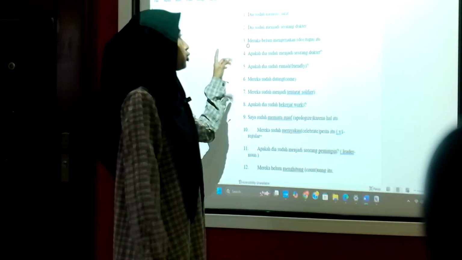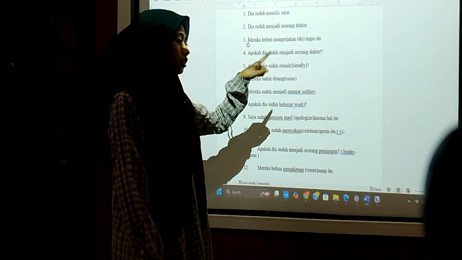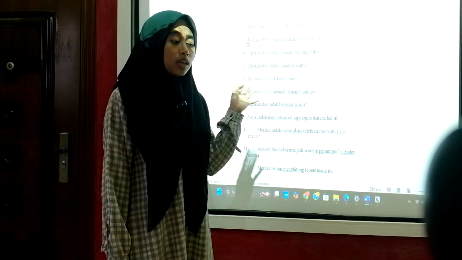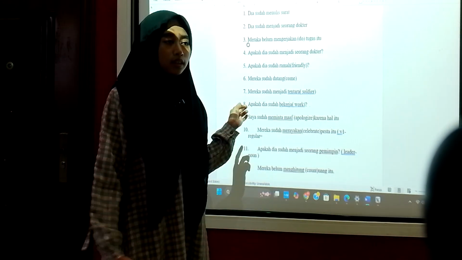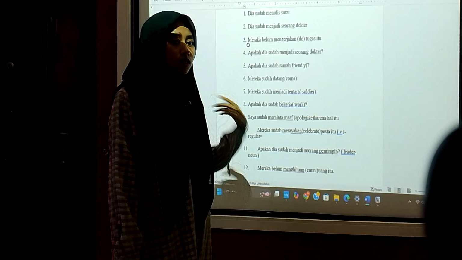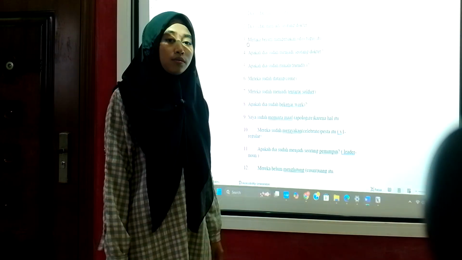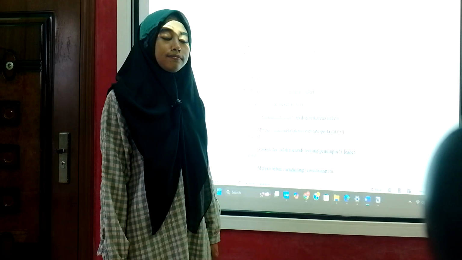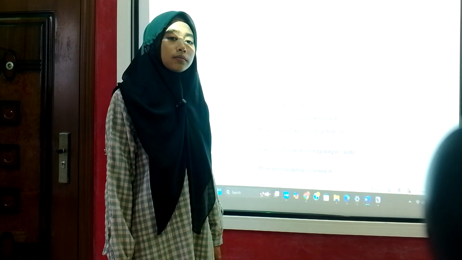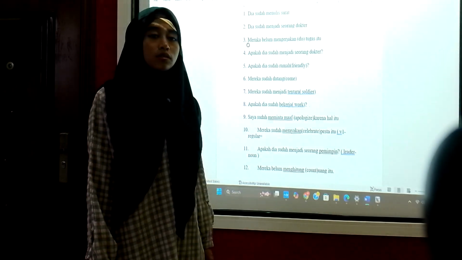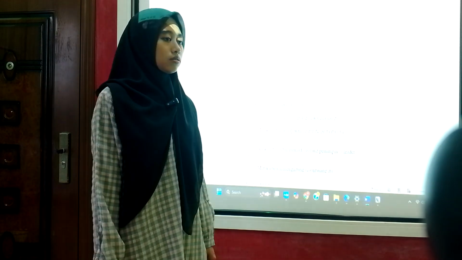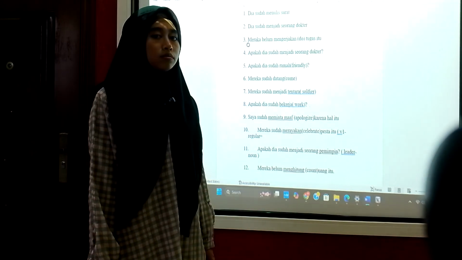First, I ask them to read all the questions, and then I ask them what pattern it is, or is there any verb in number one? Yes, they will say yes, because this one has menulis. So when you have this kind of mixed pattern, you have to write down the pattern first, 1 until 12, all the patterns, like number 1 what pattern, number 2 what pattern.